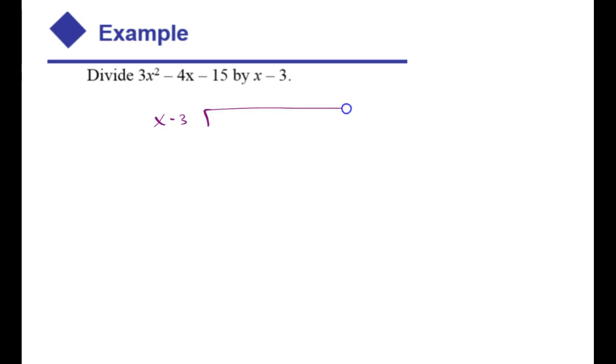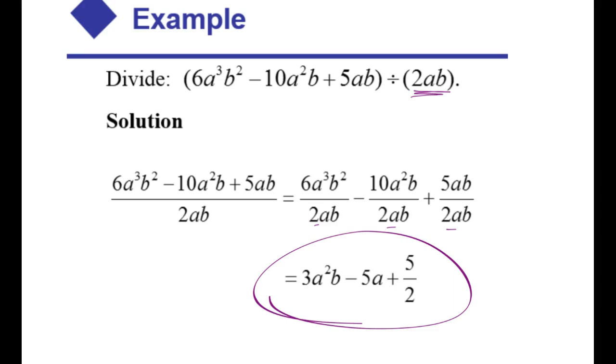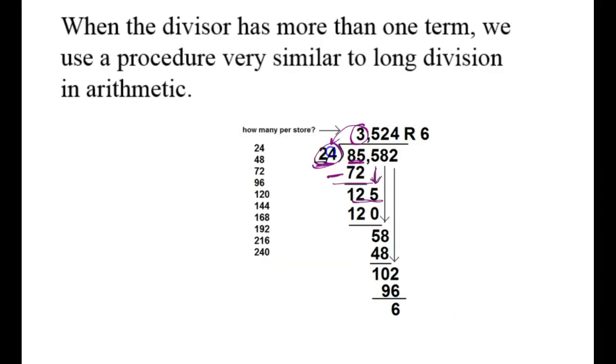So long division, we're going to set it up. X minus 3 goes into 3x squared minus 4x minus 15. And again, we're just going to look at the first term. X going into 3x squared. I know there's more to this, but really that's a good trick of how to do this. We think about how many times does 2 go into the 8. If you don't know how many times 24 goes into 85, we can just say, well, how many times does 2 go into 8?